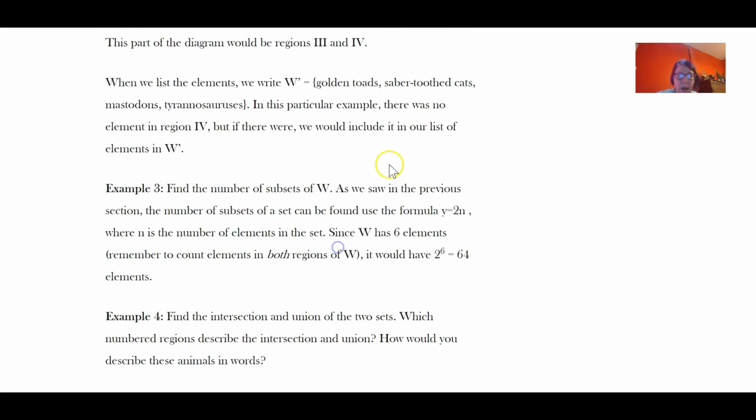That should be a power to the n. I'll fix it. And so that means that we would write 2 to the 6th power, which is 64. It would have 64 subsets. And again, I'm going to change that word from elements to subsets. Boy, things I could see to edit. So when you read it, you'll actually see it fixed.